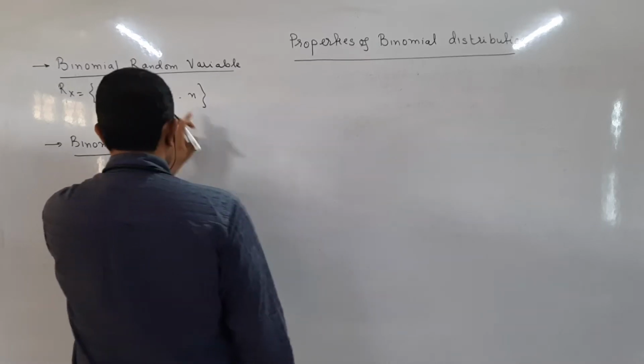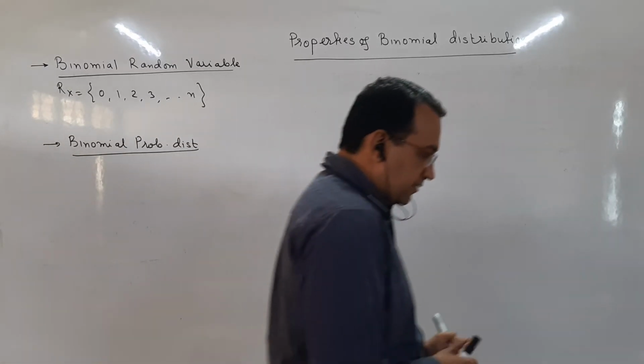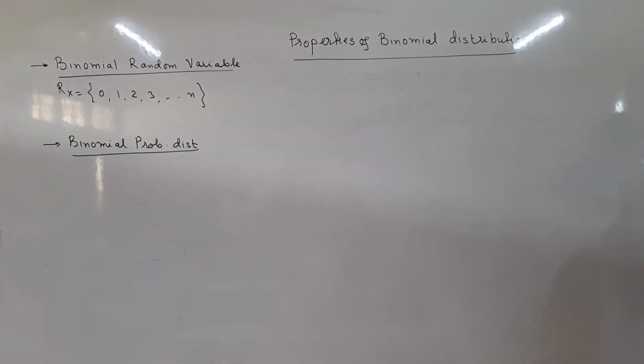It means it can assume any value from 0 to n, where n is the number of Bernoulli trials. Number of successes can be 0 also.